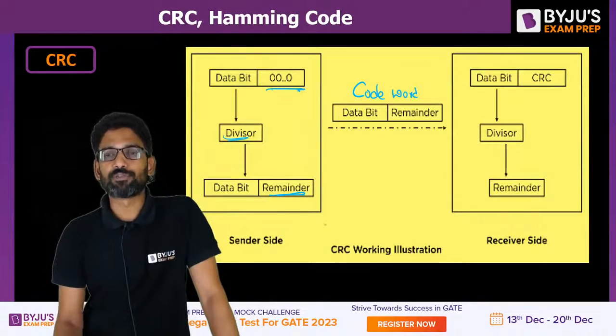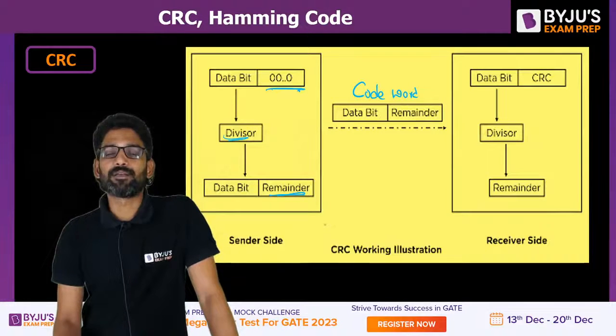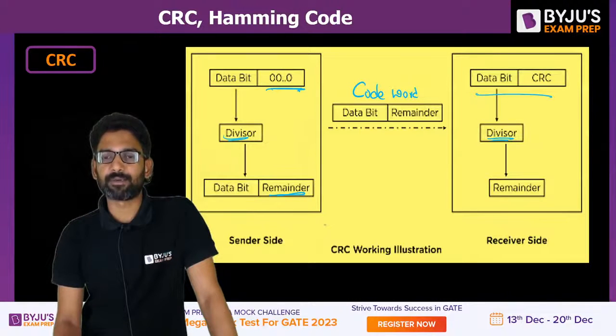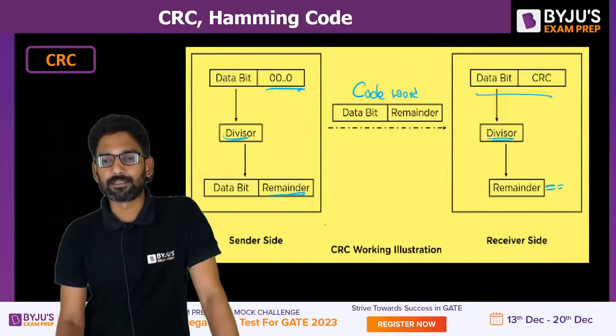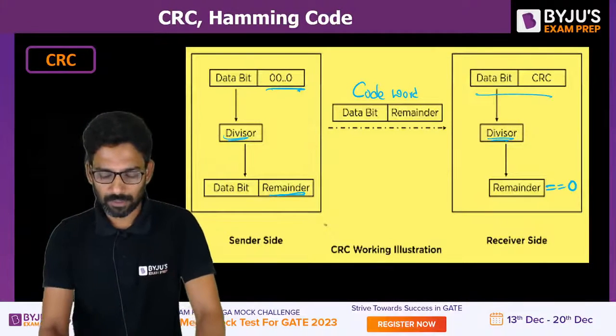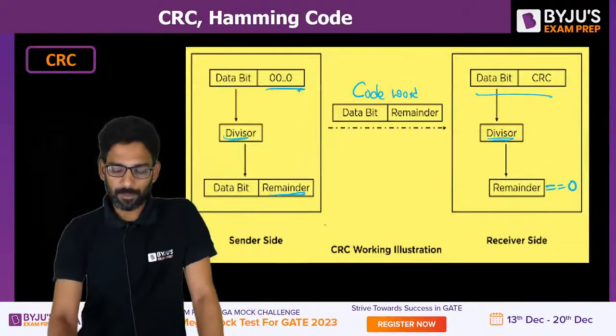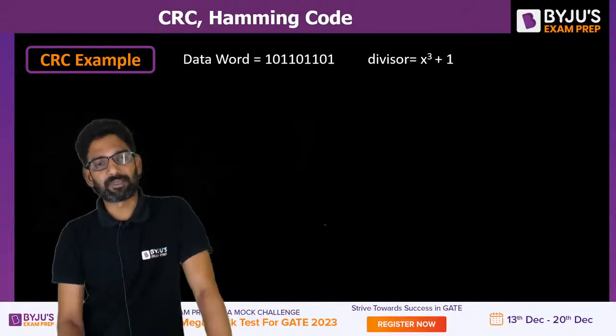On that code word, the receiver applies the same division process again using the same divisor. He should get zeros back. If he gets 0, then no error, otherwise error. Okay, let's see one example, guys.